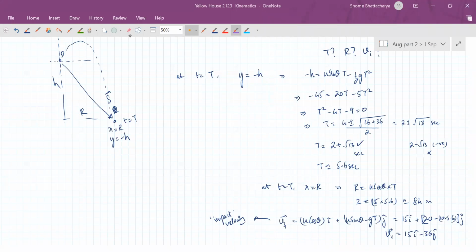Sir, we'll also be marking some problems in the module to do? Yeah, in the module, you can do the questions now of projectile motion along with the straight line motion.